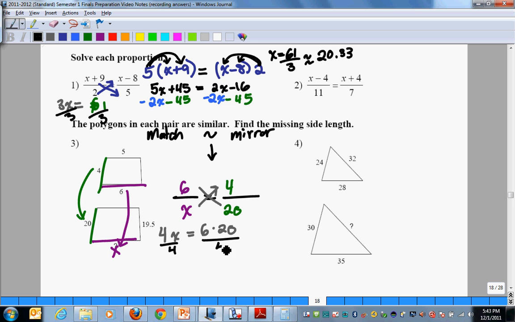Noticing I'm not multiplying that out because instead I'm going to factor here. And I have 2 times 3 and 4 times 5. That's 6 and 20 divided by 4. The 4's cancel. So we have 6 times 5, so x equals 30.